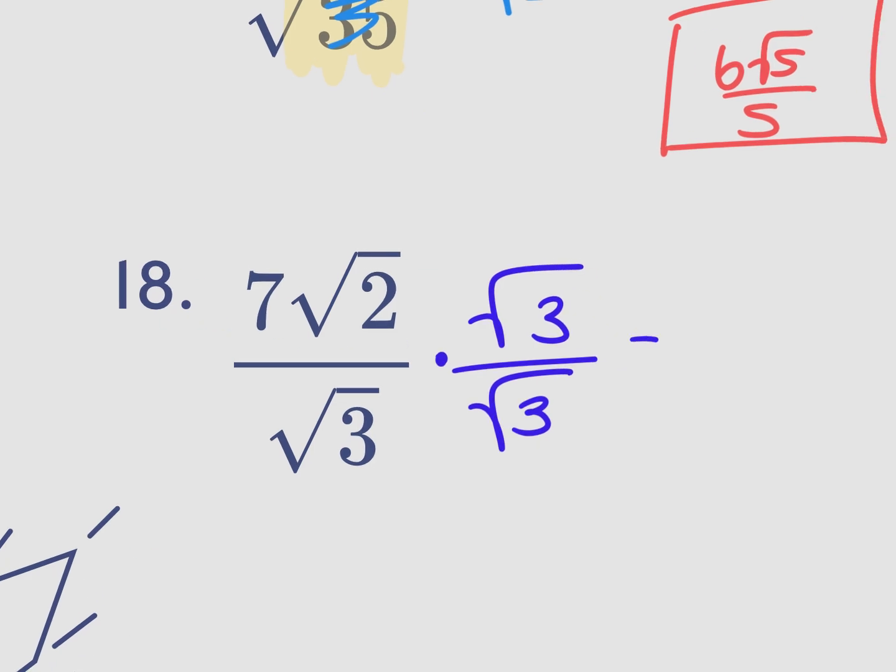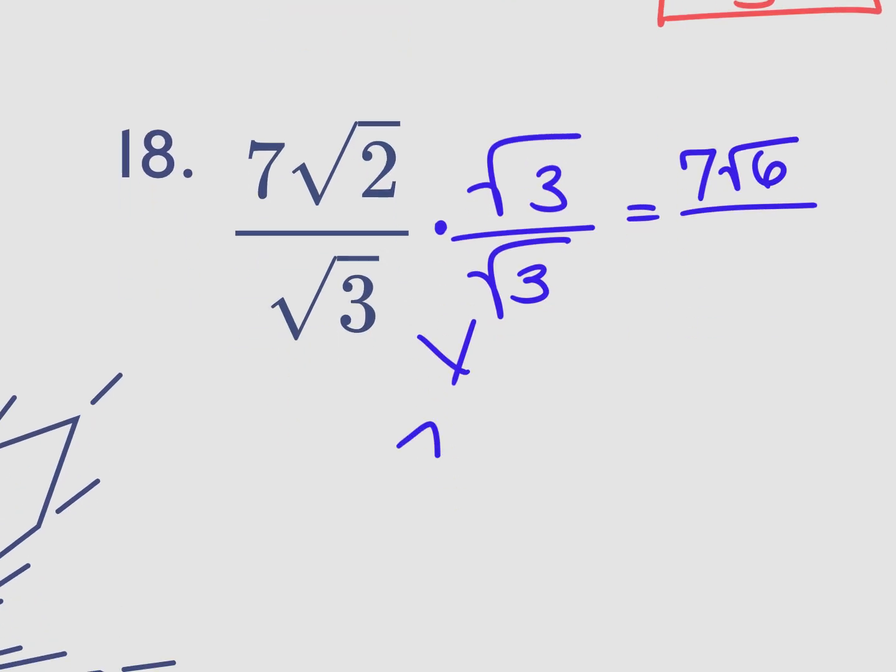So in the numerator, guys, outside times outside, inside times inside. What's 7 times 1? 7. What's the square root of 2 times the square root of 3? Perfect. Square root of 6. And then I'm going to multiply here. The square root of 3 times the square root of 3 is square root of 9. What is the square root of 9? There's your answer.